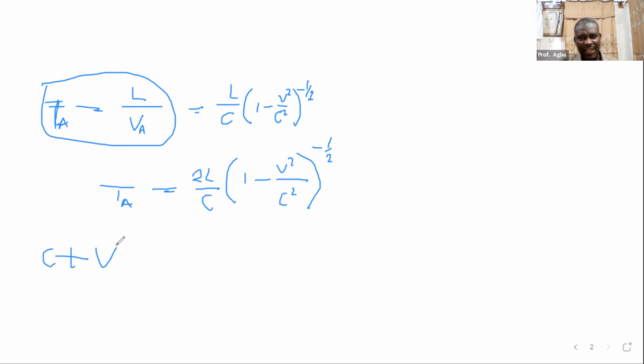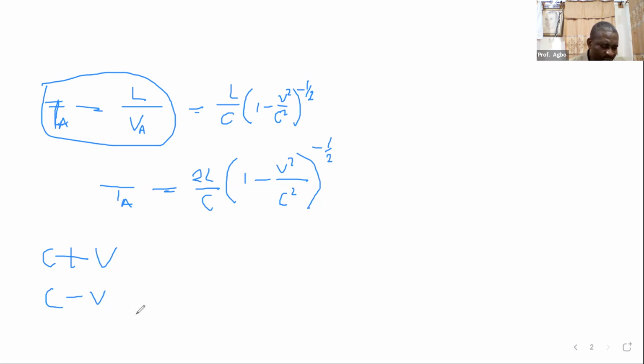But if you are moving against the flow, you'll be struggling, so upstream it is C minus V.